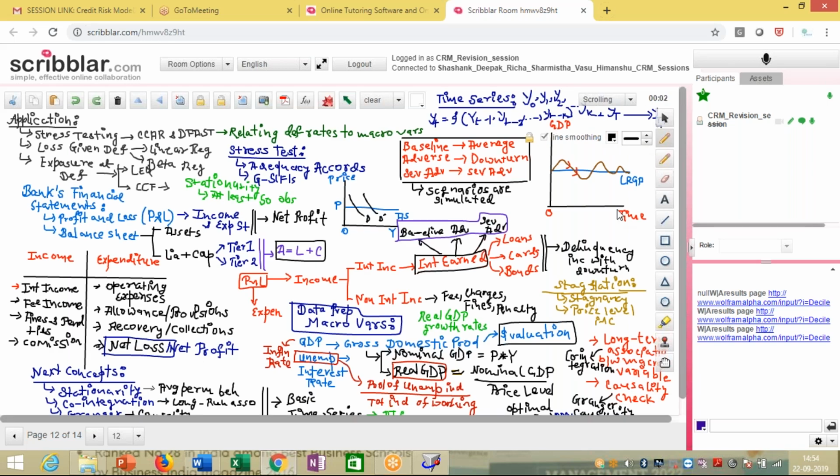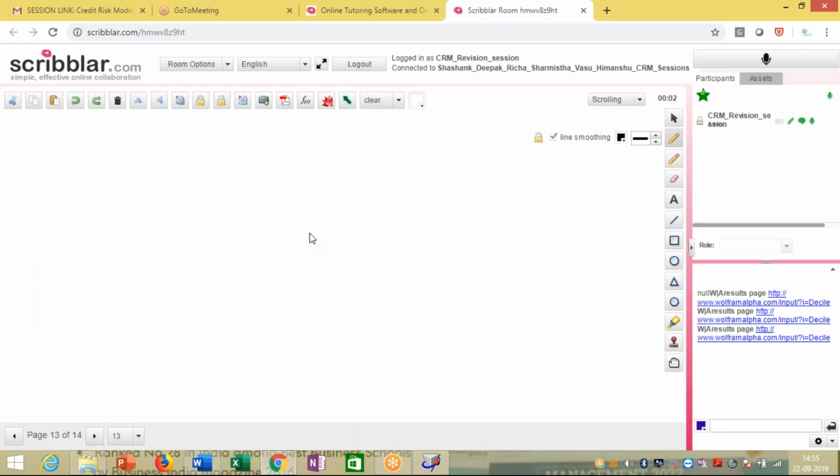We would not be looking into their temporary behavior, and that is where the role of stationarity comes in. The stationarity checks help us ensure that all the temporary movements in the data are extracted away, removed, and what we are left with is the long run average behavior or the permanent behavior.